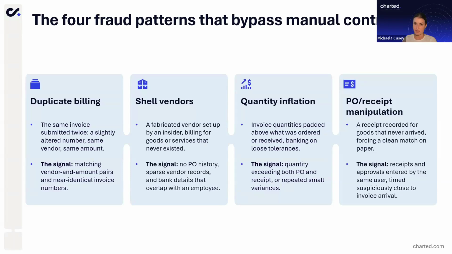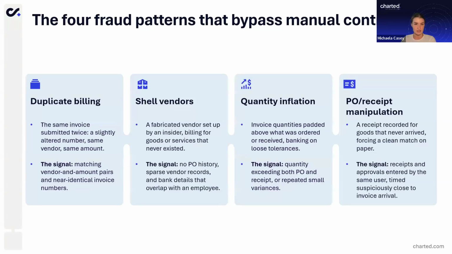So first off, we have pattern one, which is duplicate billing. That is the instance in which the same invoice is submitted twice, maybe with a dash added to the invoice number, maybe a month apart. When matching is manual, the second copy lands on a different day, maybe on a different processor's desk, and sails right through that AP process.